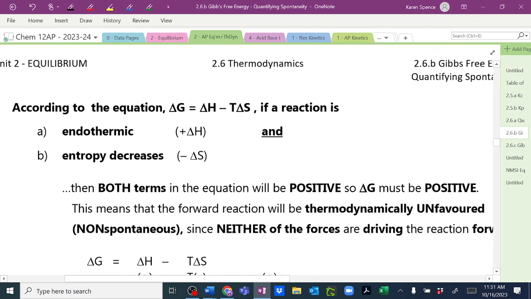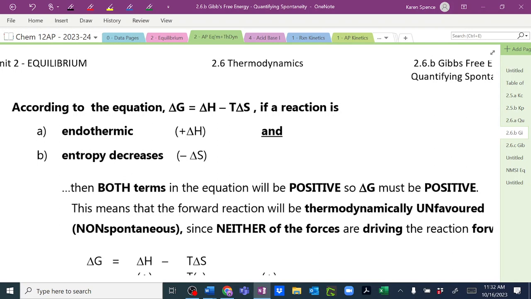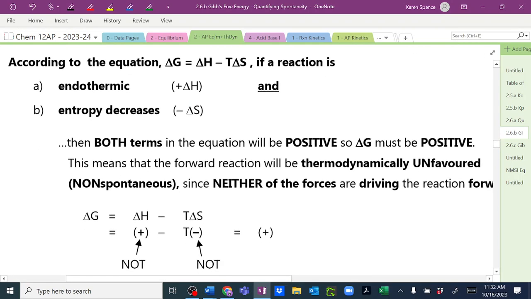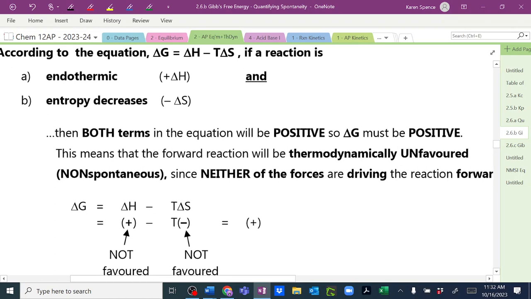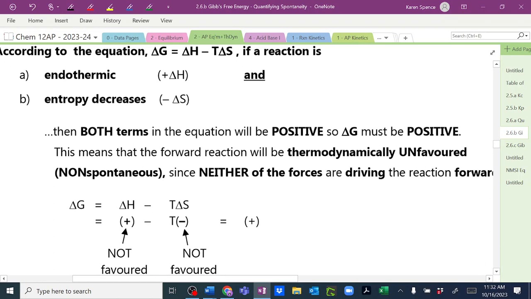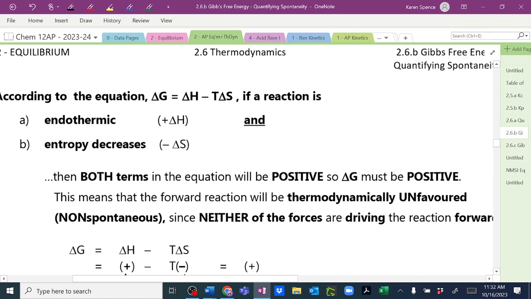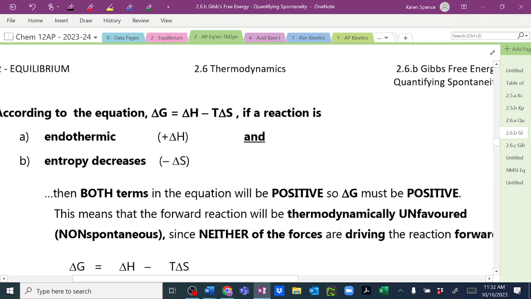All right, let's look and see if we have an endothermic reaction. If delta H is positive and entropy decreases, both terms in the equation will be positive. So if we have positive delta H and negative delta S, what is Gibbs free energy going to be?